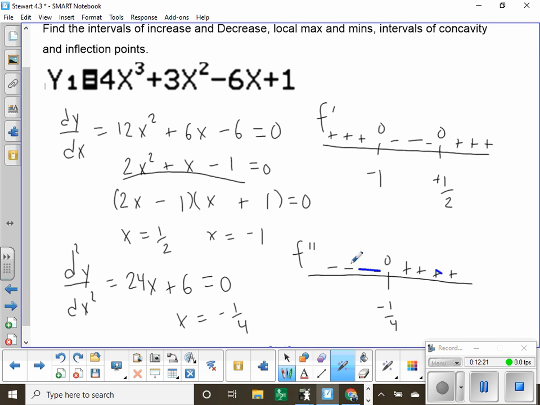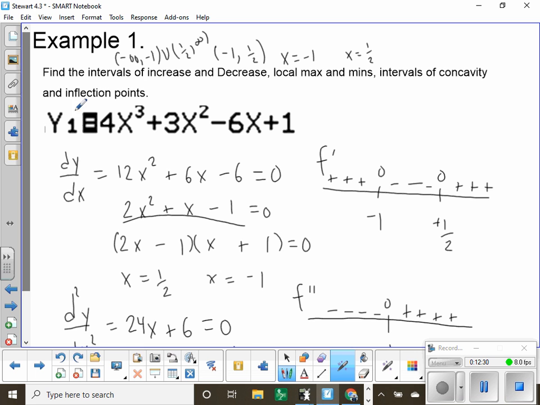So now we know that it's concave up on this interval, concave down on this interval, and it switches concavity at -1/4. So the inflection point is x equal to -1/4.